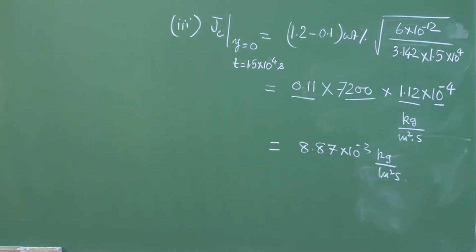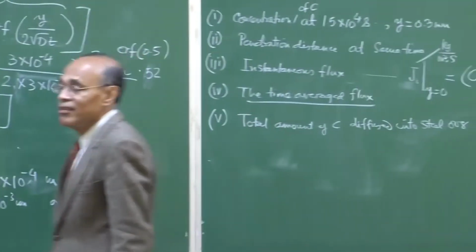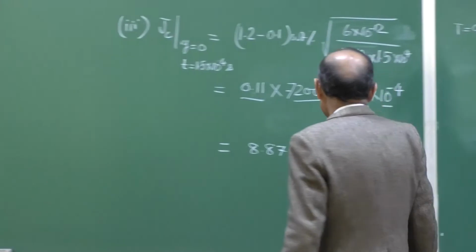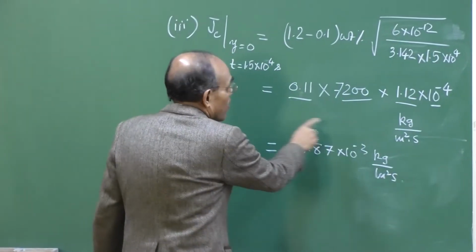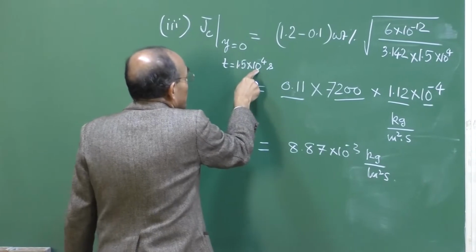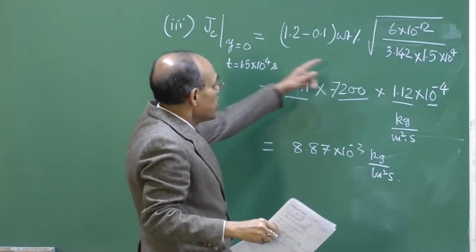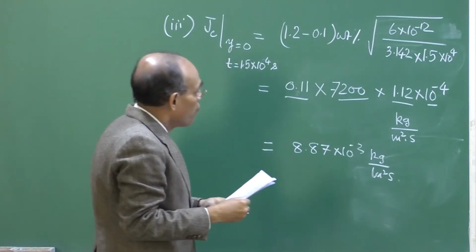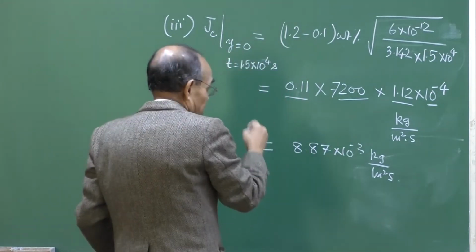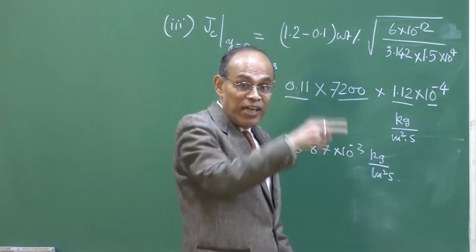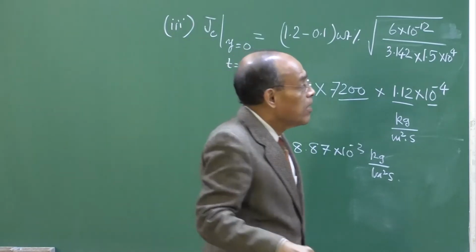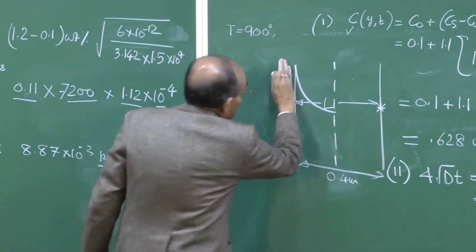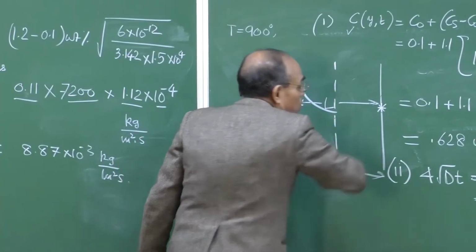The instantaneous flux and the time average fluxes are different by a factor of 2 only. The time average flux means, so this flux is at a time t equal to 10 to the power 4. You can imagine that the flux, as you know, varies inversely as time raised to the power half. So, in the initial cases the flux is very rapid, and then the flux gradually decreases as the concentration curve flattens. So, this is the line. You can imagine the slope is changing and decreasing as a function of time.